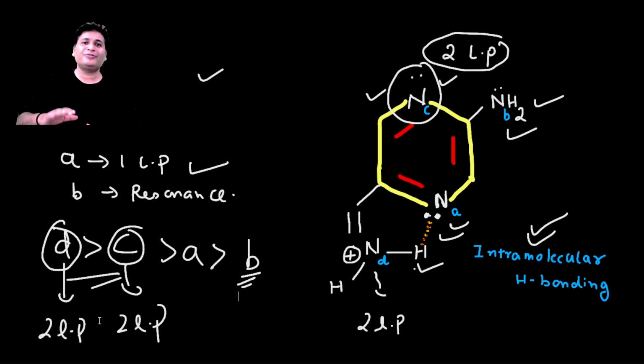So the resonance from a remote area can help in increasing the basicity of nitrogens, as we saw in the case of C and D. So I hope you all must have got the very important point I intended to make through this problem, and similarly in all the problems you all must have got all the concepts I want to convey.